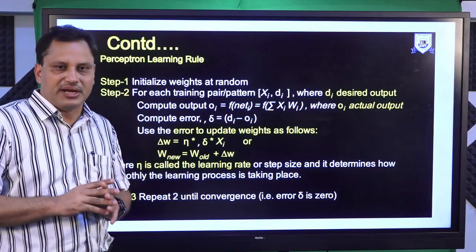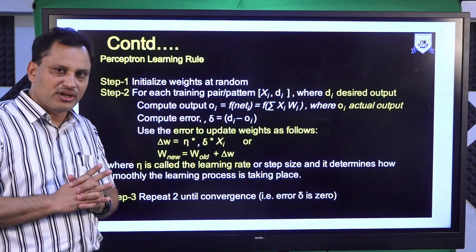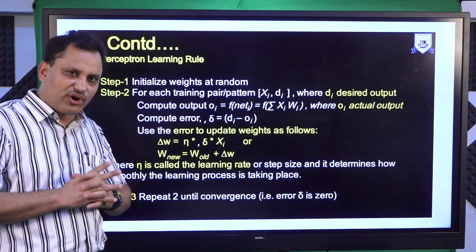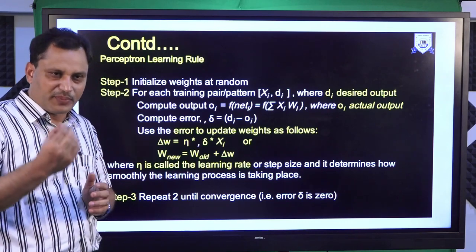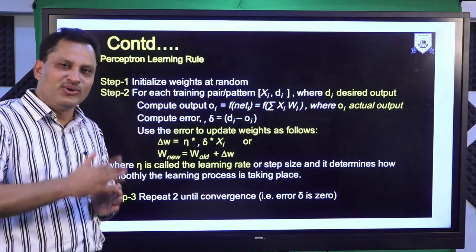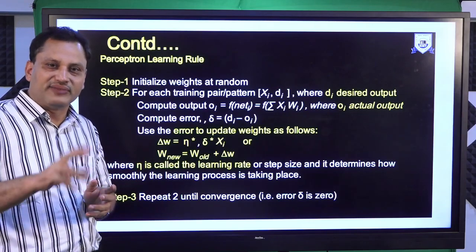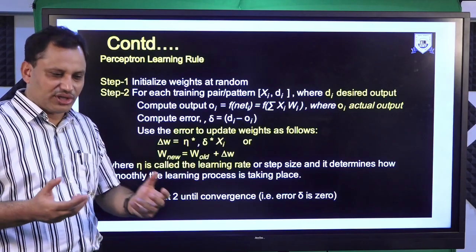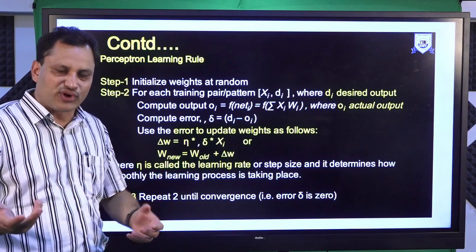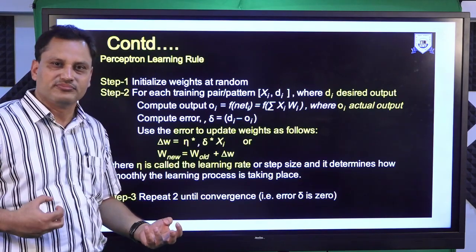Once you have selected the weights, we will calculate the output of the neuron. The output of the neuron will give you the actual output for a particular input pattern. And if you already know the output for that particular input pattern, that is called the desired output. So now you have two outputs: the desired output for a particular input pattern and the actual output which you are getting from the neuron.